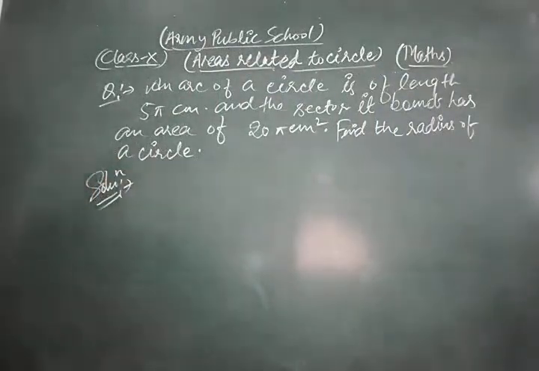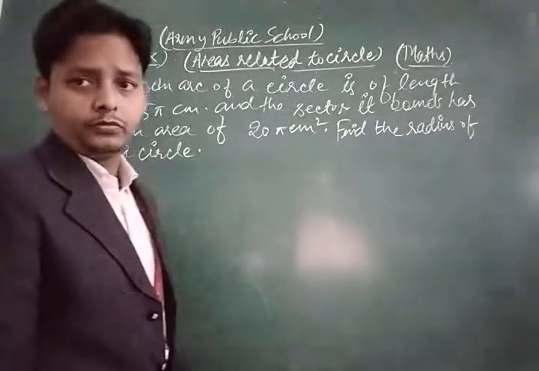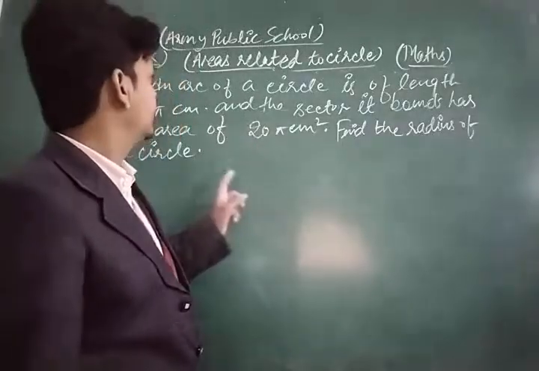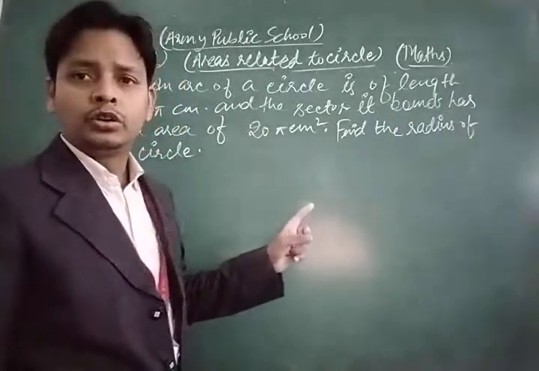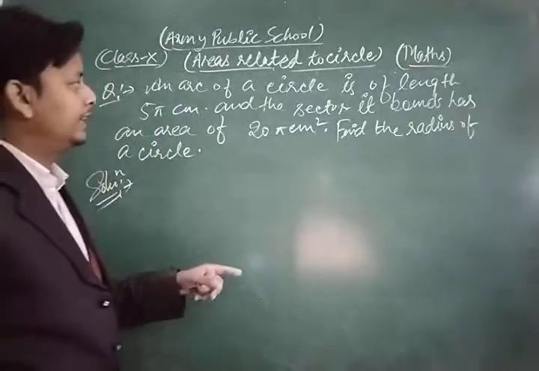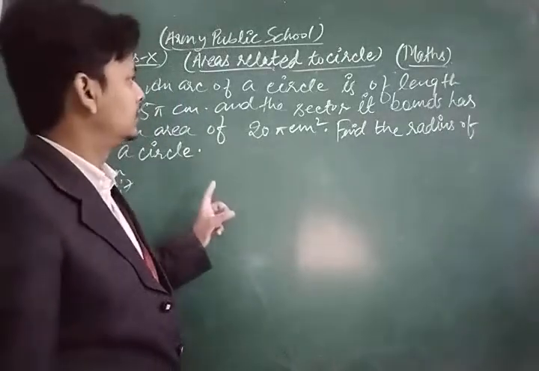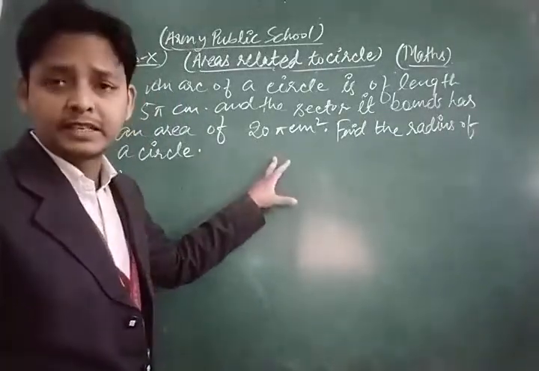Now let's see its solution. Look here, what is the question? An arc of a circle has a given length, and the sector it bounds has an area of 20 pi centimeter square.